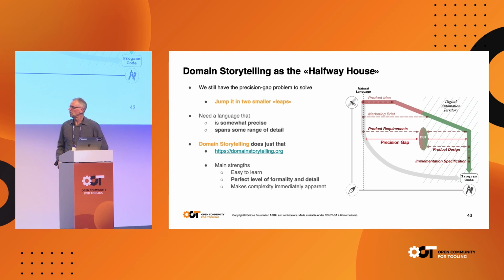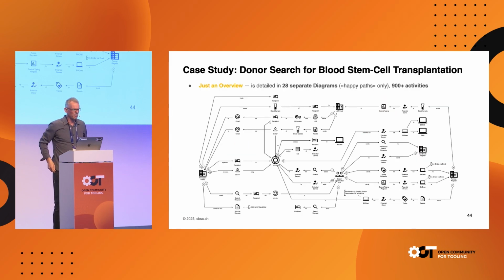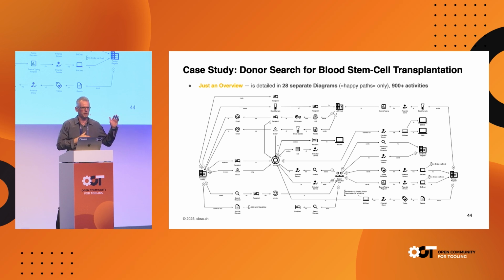So you see here on the diagram, after the DST, domain storytelling bubble, we use that as a basis, and we no longer rely on text. We do still rely on text somehow, but we can fix that later. Here's a little example of a case study that I've done for the Swiss blood stem cell organization. You don't need to read any of this, but this is just an overview of part 1 of 5 of their process.